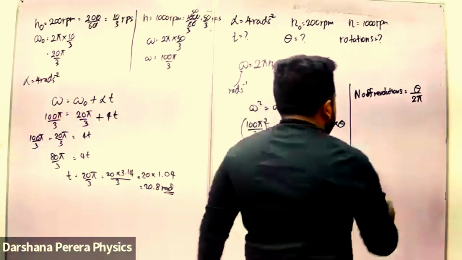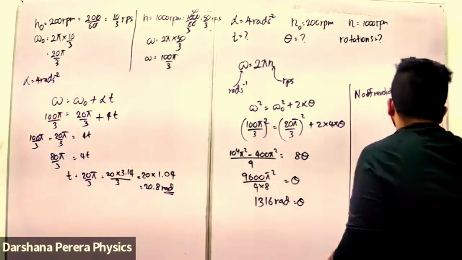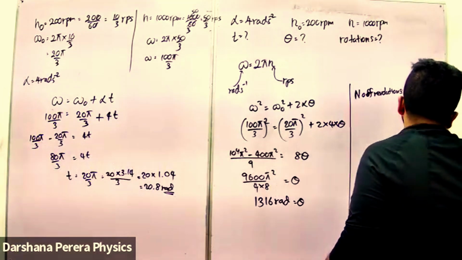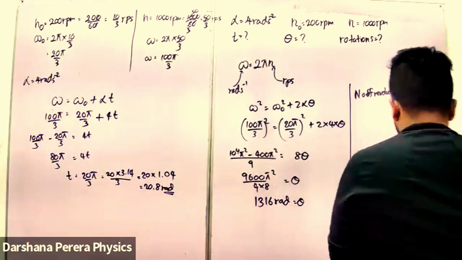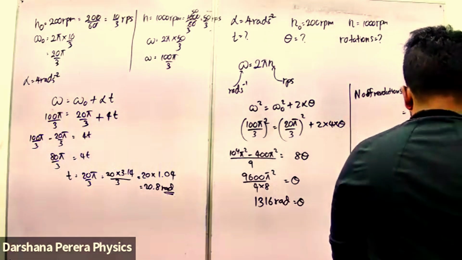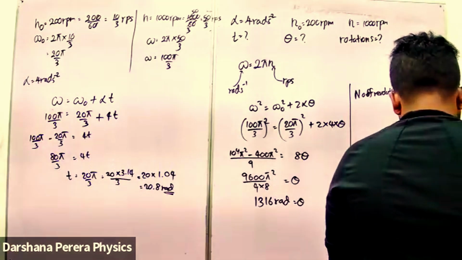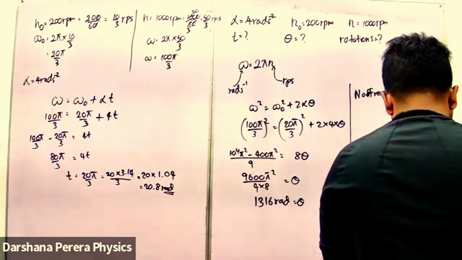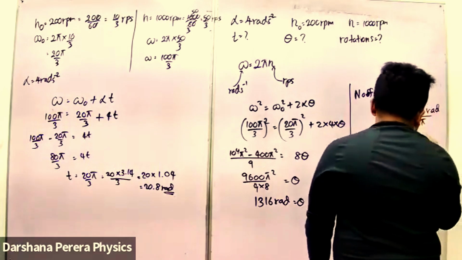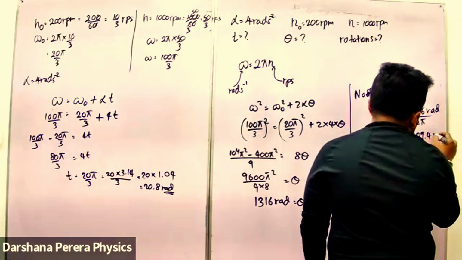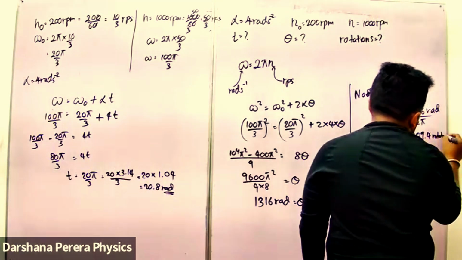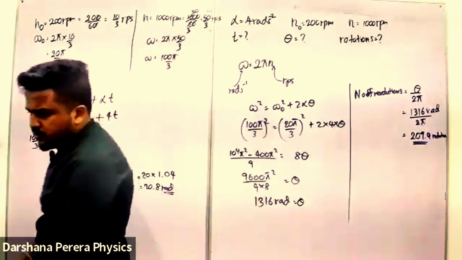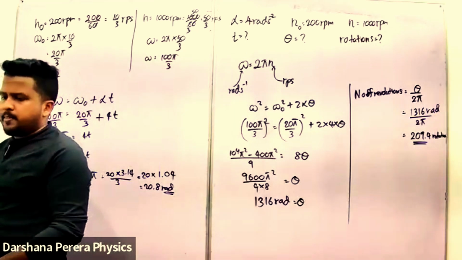Therefore, we have to divide by 2 pi. Radian divided by 2 pi. Okay. 209 rotations. Good.